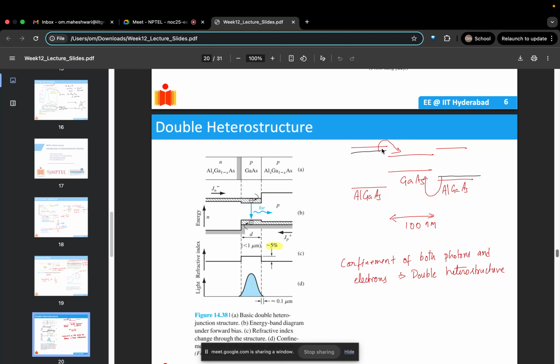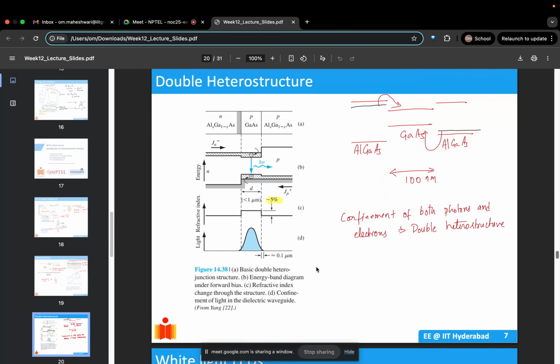So electrons will come from here and holes will come from here and they will get trapped. And photons emitted will also be restricted to this region only. So this has confinement of both photons and electrons in the double heterostructure. That's why we prefer these kind of structures. That means we will have restricted light and better control.